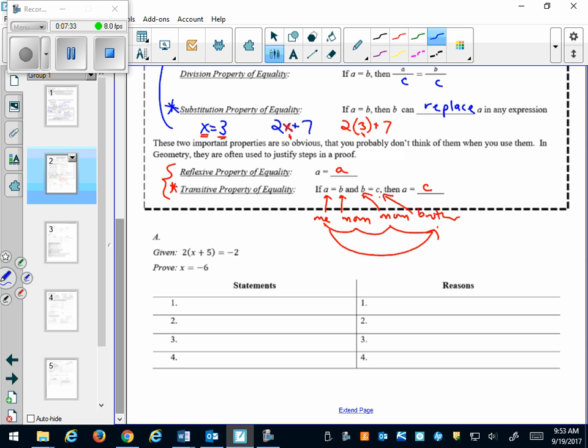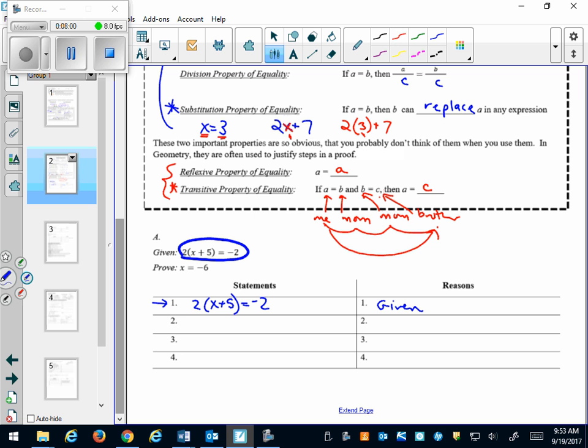So, if we have this proof that's going to be an algebraic proof, the first thing we do is we copy exactly what's given to us. We copy in the first line here as the first statement. Copy it exactly. Your reason again is going to be given. Now we just follow our algebraic logic.